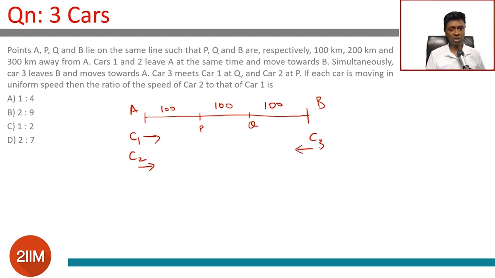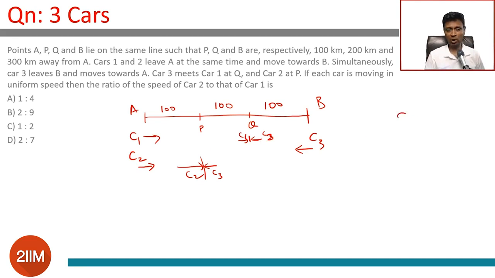Car 3 meets car 1 at Q. So here C1 and C3 meet. And car 2 at P. So car 2 and car 3 meet at P. Wonderful. So think about this. Car 3 reaches this point and then moves further to meet car 2 here.